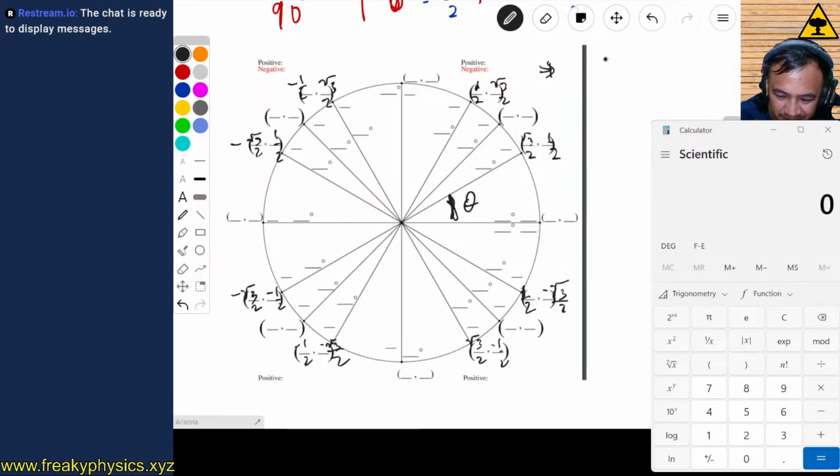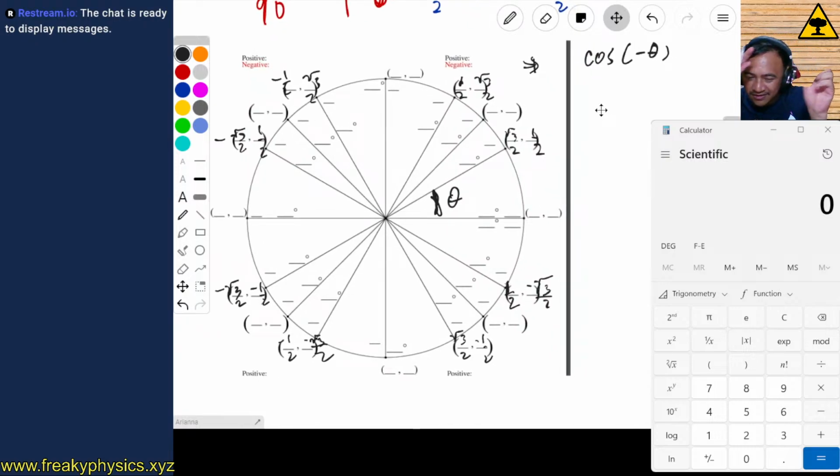Let's now compare: what is cosine of negative theta? How would you draw that? Remember, we said we can go negative angles, we go clockwise.